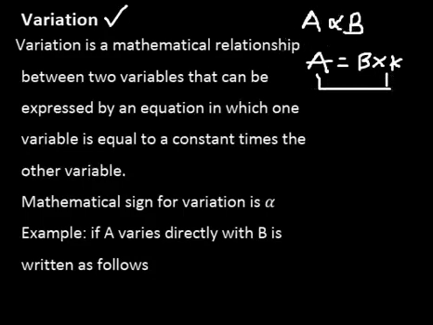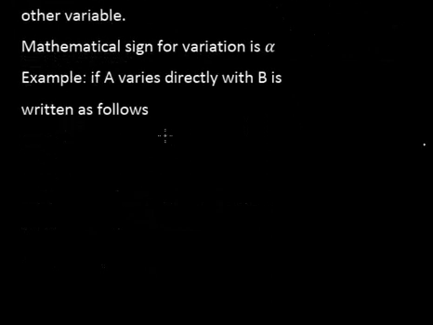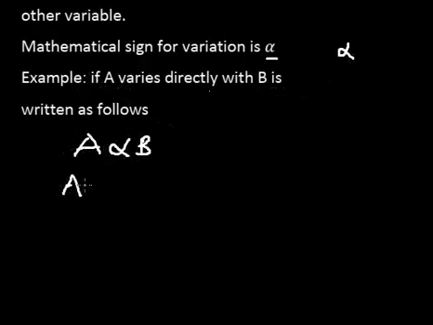Now, the mathematical sign for variation is this, so we use this for variation. If A varies directly with B, for me to change the variation sign into an equal to, I must introduce a constant. That is how we express variation.